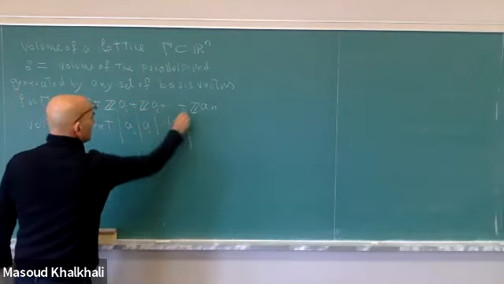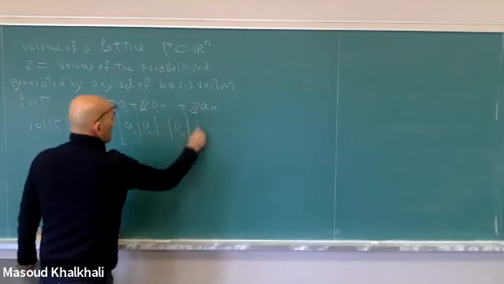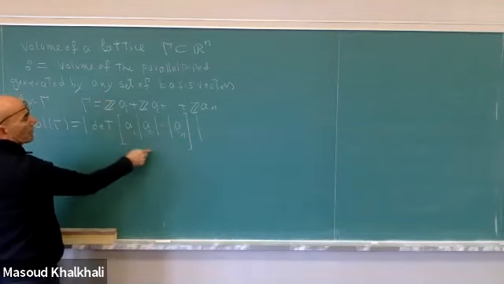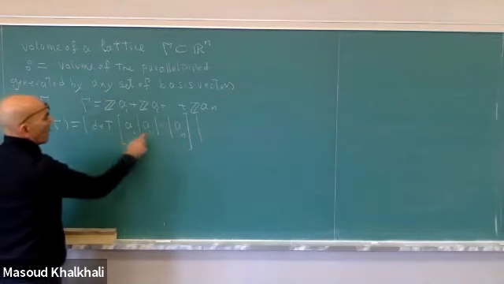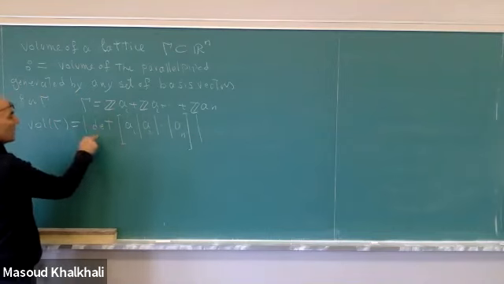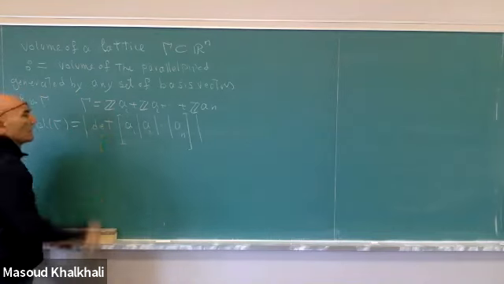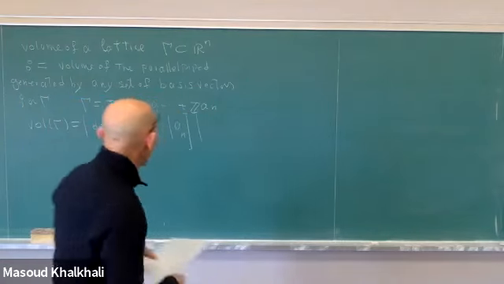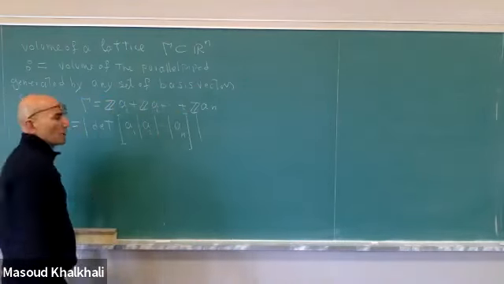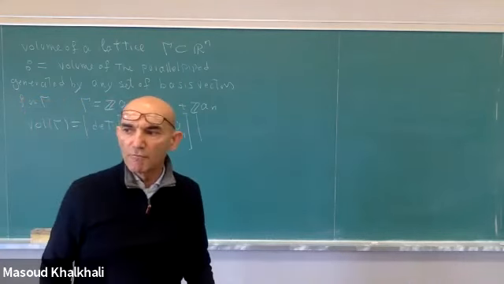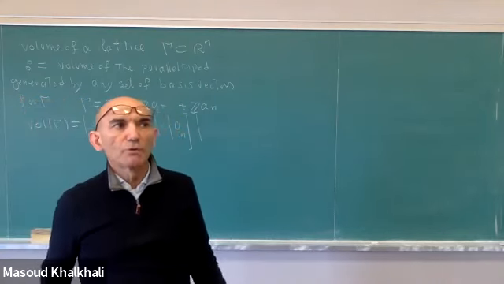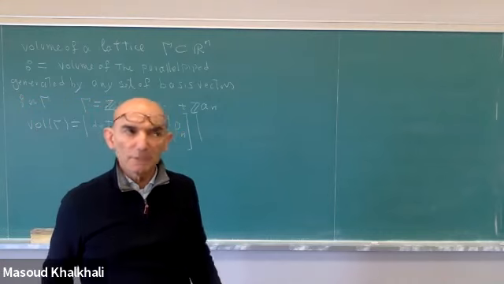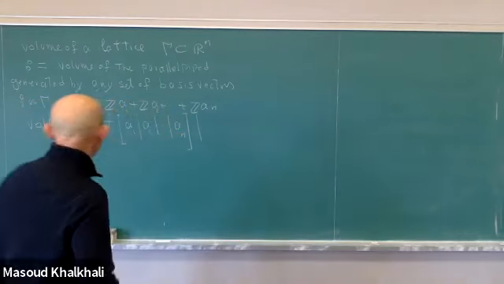This is exactly the volume of the parallelepiped generated by A1, A2, ..., AN. You take the absolute value, which is the unsigned volume, and that's it. Now, the question is, of course, is this independent of the choice of basis vectors or not? And the answer is yes, it is independent.